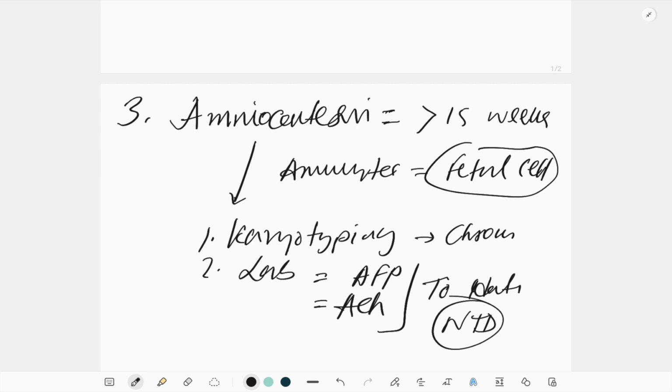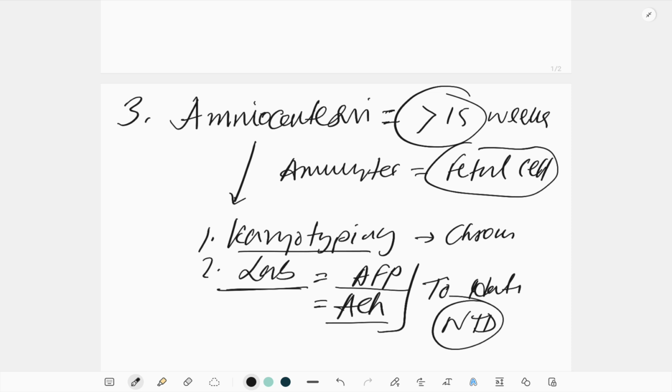So number 3 test is amniocentesis, which should be done after 15 weeks of gestation, followed by karyotyping and lab investigations like alpha fetoprotein and acetylcholinesterase level of the amniotic fluid to identify neural tube defects.